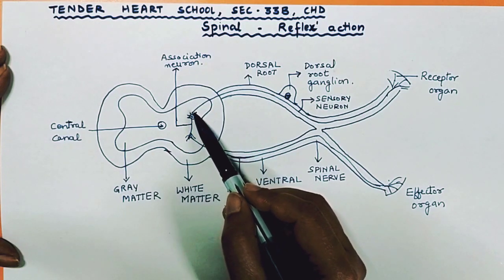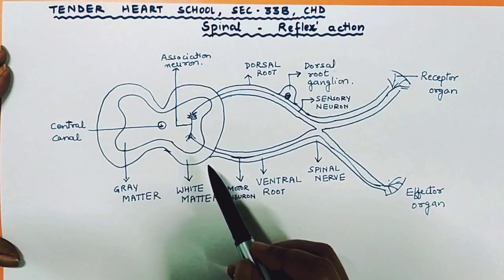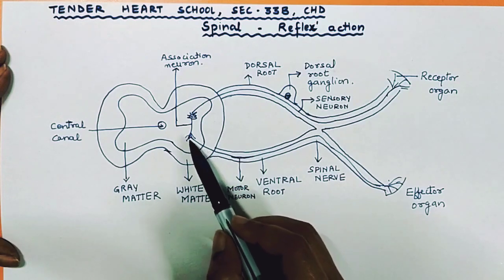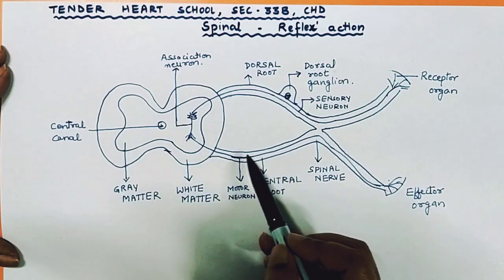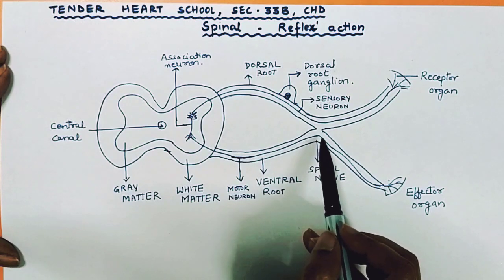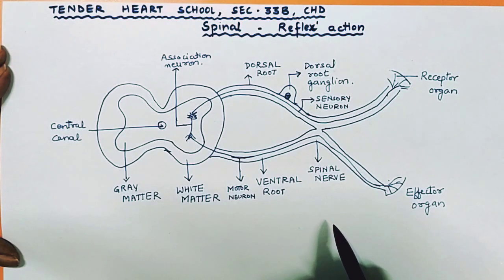And inside the gray matter, the association neuron is passing the message to the effector, to the motor neuron. The motor neuron will take this message and through the ventral root, it gives the message to the effector organ. So this is our spinal reflex action which is carried out by the spinal cord.